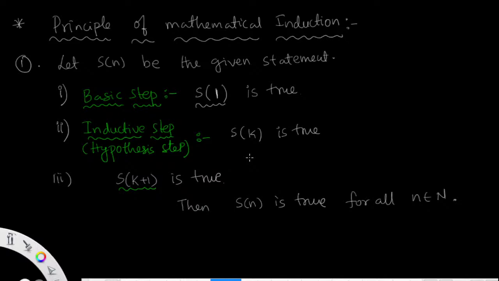K means any number. So let it also be true in terms of k. If S(k) is true and S(1) is true, then the final step is S(k+1) is true. Then the statement S(n) is true for all n belongs to N. So this is the process of the mathematical induction principle.